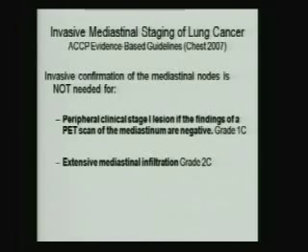So that's basically the only situation where the PET scan will help you rule out disease in the mediastinum in the presence of a stage 1 looking lesion. And of course, in the case of an extensive mediastinal infiltration, there's no need to make sure that this is actually tumor.